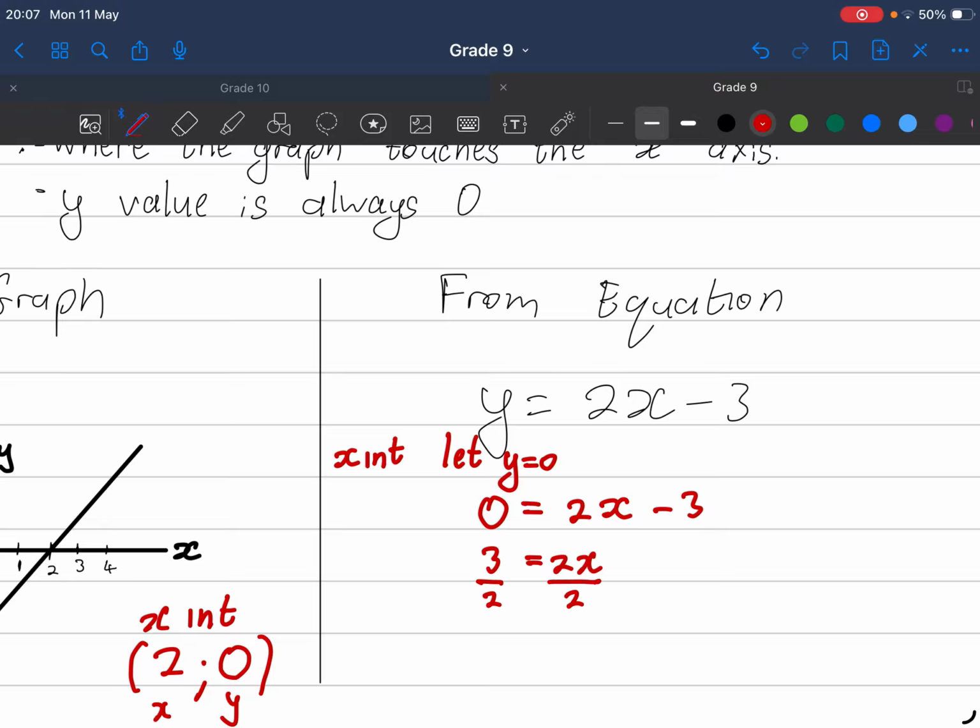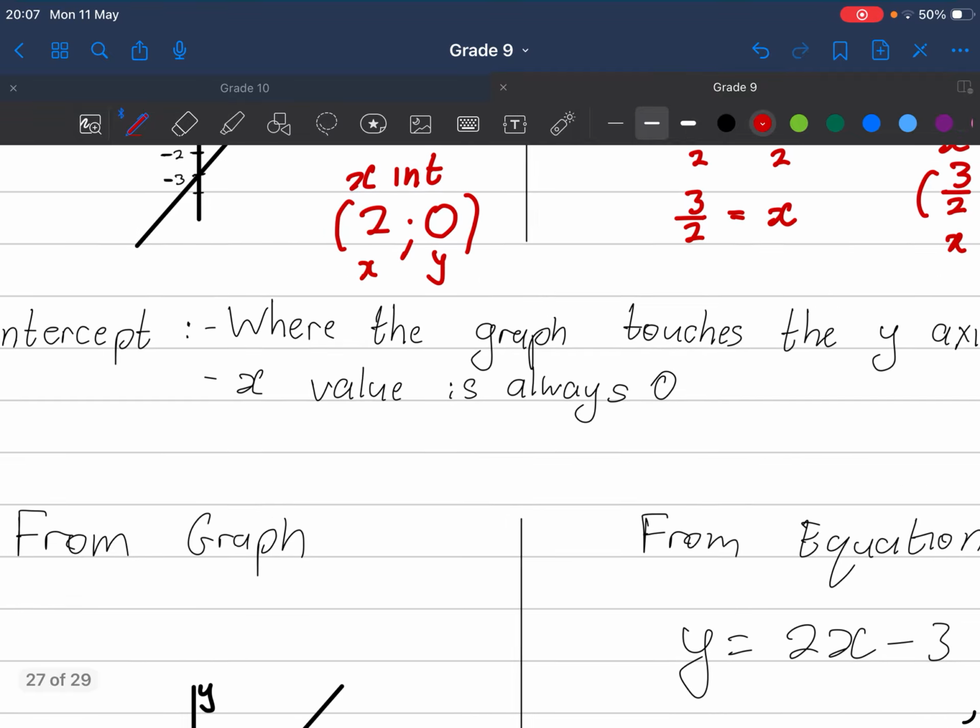Divide both sides by 2, and x is equal to 3 over 2. Now, is that my x-intercept? I need a coordinate. My x-intercept is an x and a y value. The y value we know is 0, and the x value is the thing we calculated from the equation.